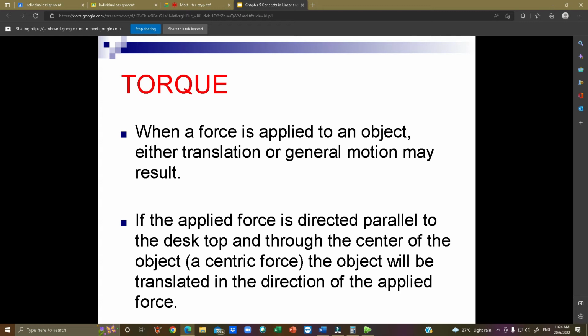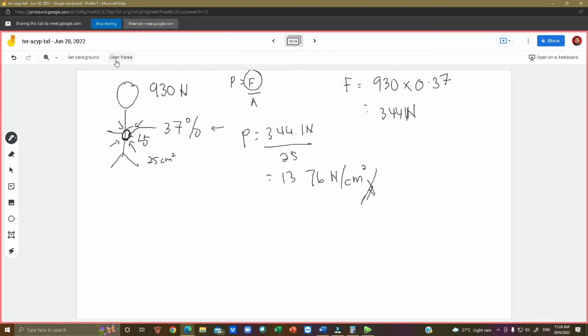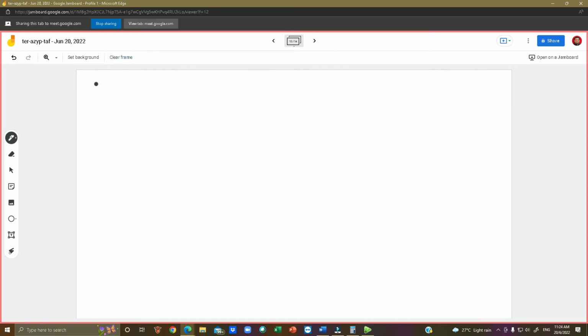Okay, this is some example of density. Rho equals mass over volume, where volume equals height, length, depth.